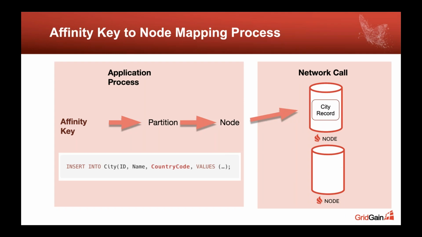To recapitulate, all the records that have the same country code value will automatically be placed on the same cluster machine. And that happens internally and automatically in Ignite. You just need to specify and set what your affinity key is.